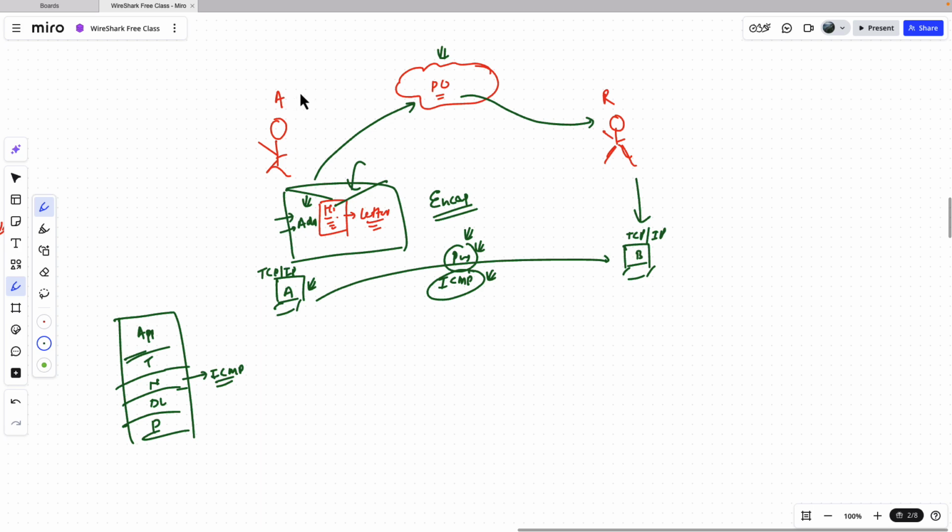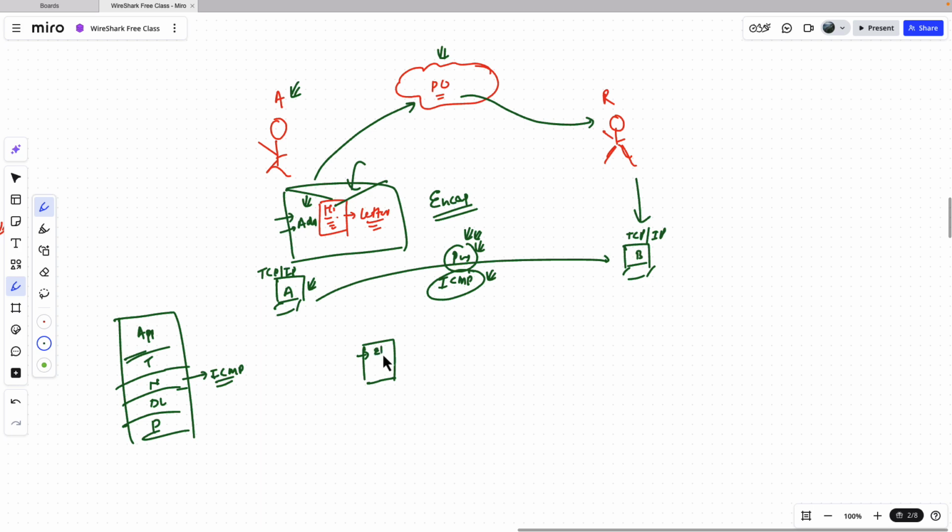So just like Anjali was creating the letter for Rahul, if A wants to send a message, specifically this ping message, who will create the message? Who will create the letter? It is the responsibility of the ICMP protocol to create this letter. ICMP is going to say, I am generating a letter.